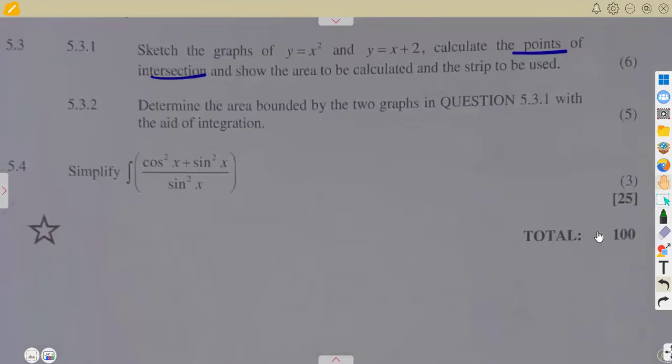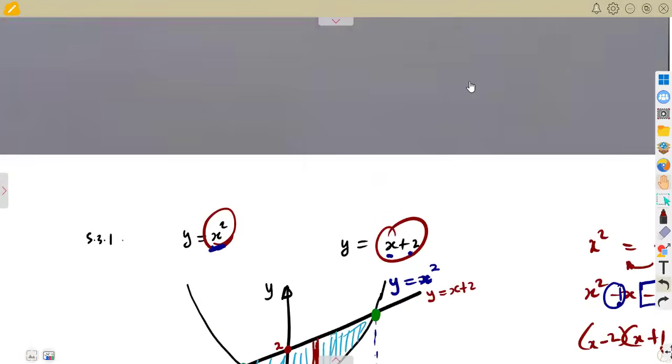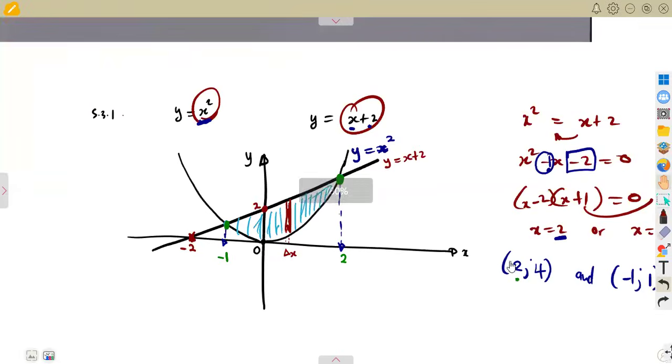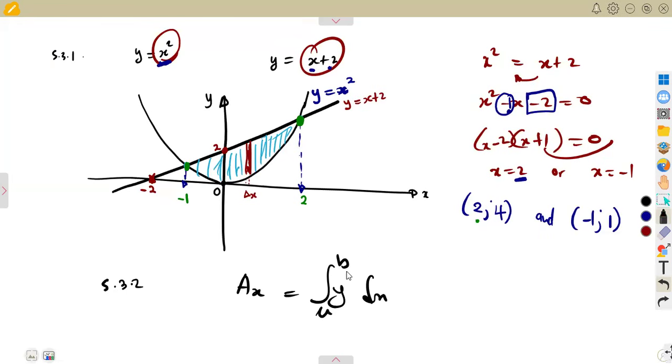And from there, it was now to determine the area bounded by the two graphs in question 5.31 with the aid of integration, 5 marks for that. So to determine the area, because we are given two functions here, two graphs, one covered by another graph, this time we are not going to use the normal formula that the area with respect to x is the integral of y with respect to x, taking our limits from a to b.